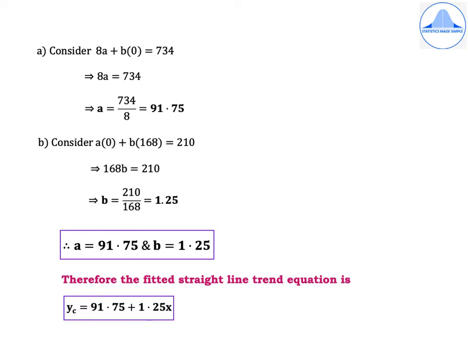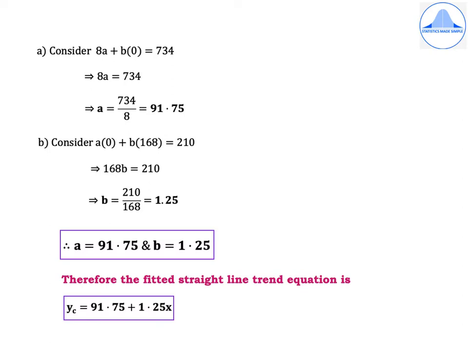Now consider the second normal equation. A into 0 plus b into 168 is equal to 210, which implies 168b is equal to 210, or b is equal to 210 divided by 168. Taking only two places after the decimal, we get 1.25.